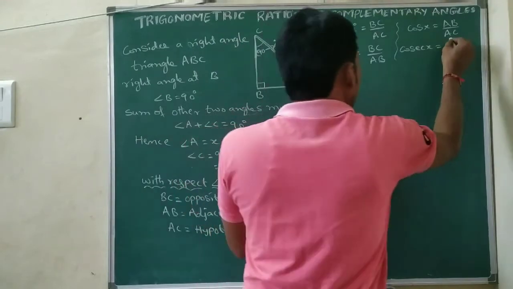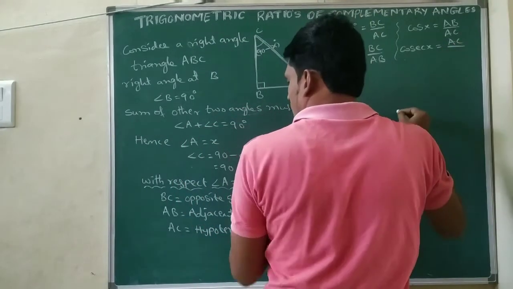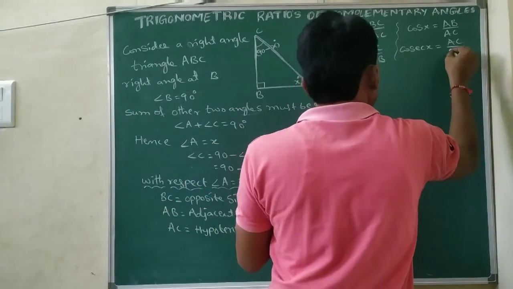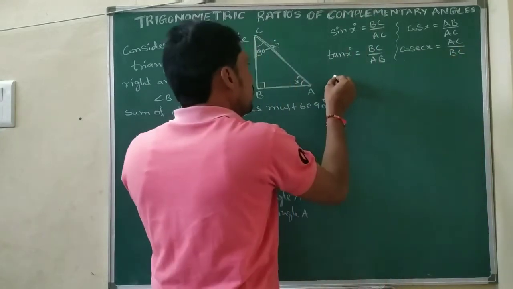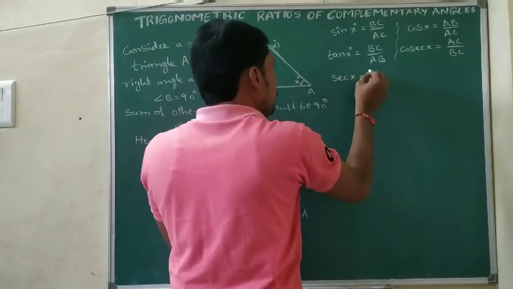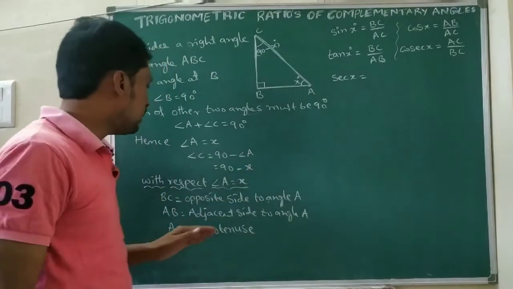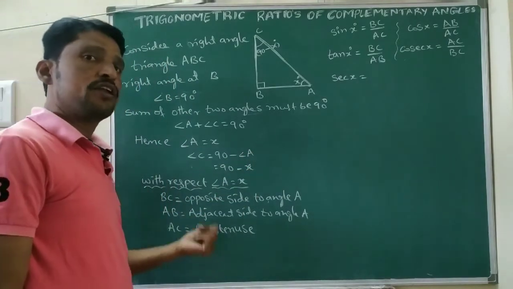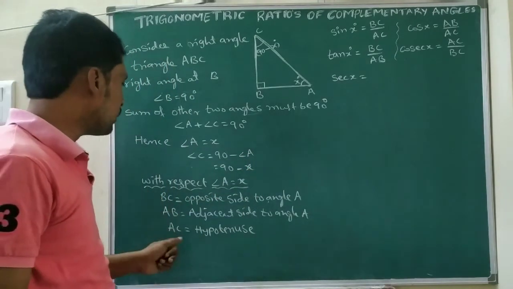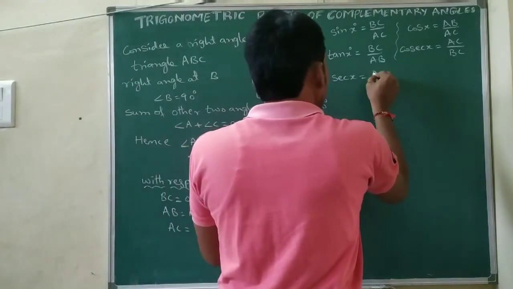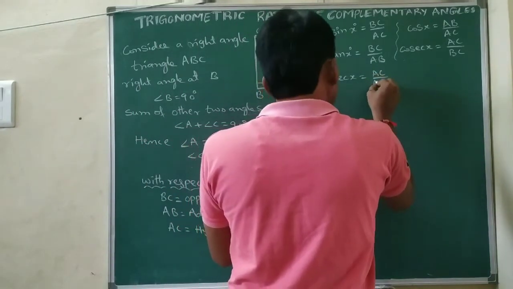Hypotenuse here is AC by opposite, opposite is BC. Next you can take sec x degrees. What is sec? Sec means hypotenuse by adjacent. Hypotenuse is AC by adjacent is AB.